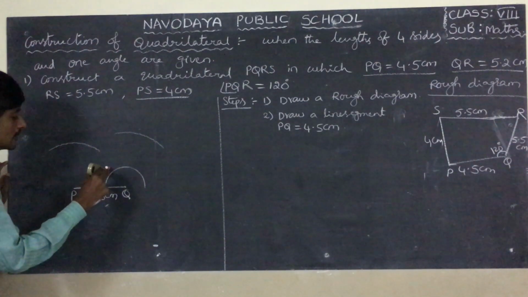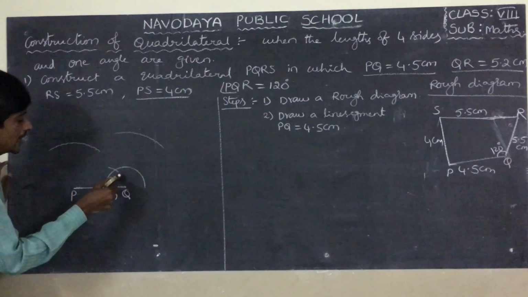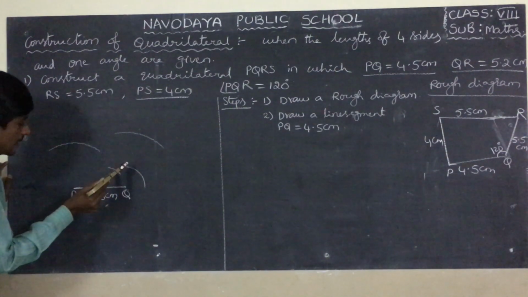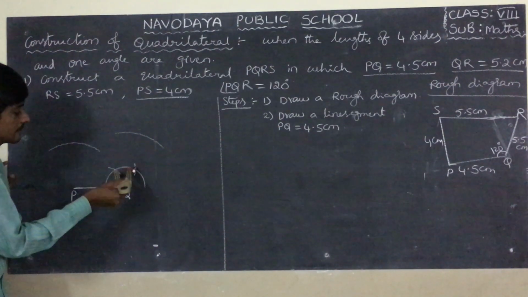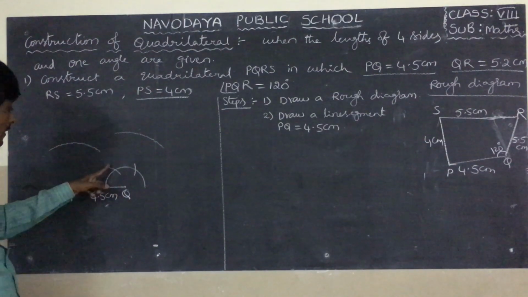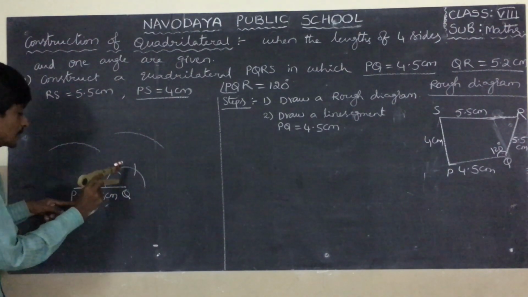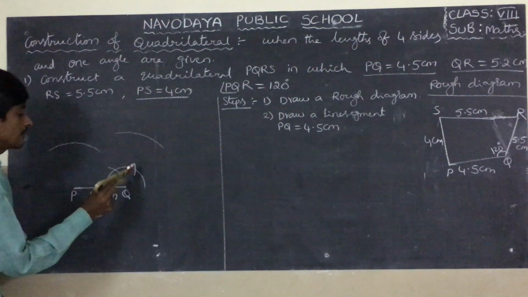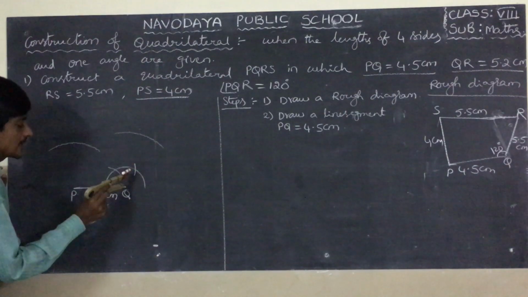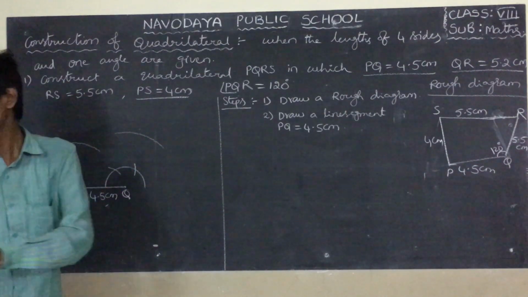Draw two arcs. The first arc is touching here. This Q and this point is 60 degrees. The next one, these two points are joined. Here the angle is 120 degrees.